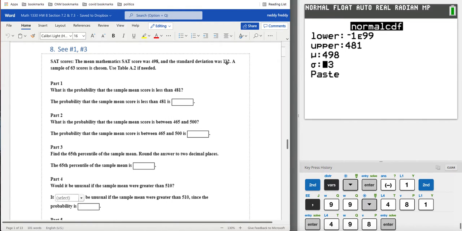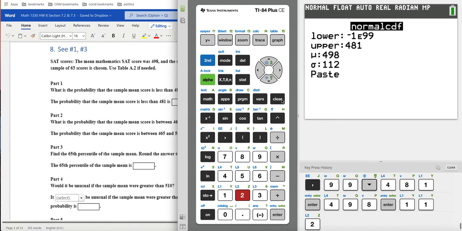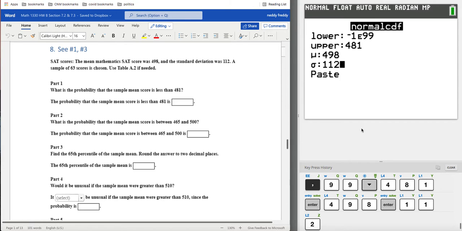But now, since we have a sample size of 63, we have to adjust our standard deviation to account for that. And so we divide by the square root of the sample size. So now for our standard deviation, we do the given standard deviation of 112.